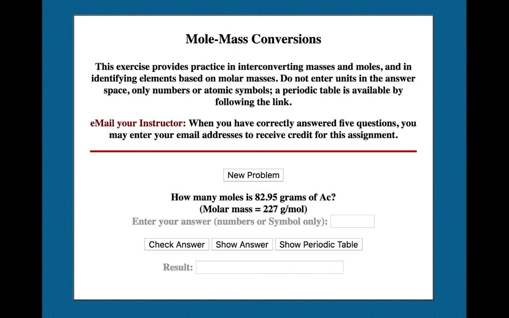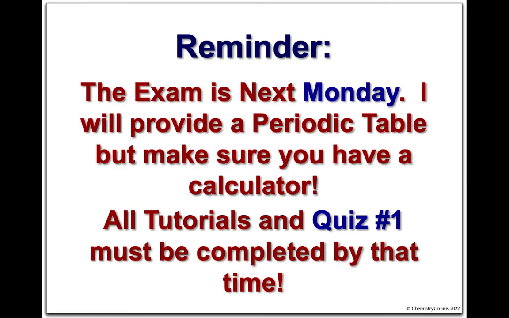All right. Next Monday at this time, we will all be here. I will give you a periodic table. Make sure you bring your calculator. Tutorials and quiz 1 must be completed before the exam. Tutorials are all extra credit.